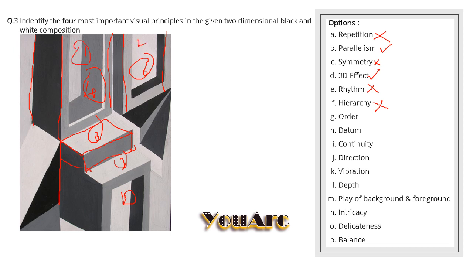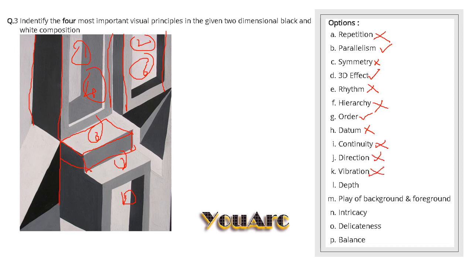See, first rectangle, second, it is maintaining some order, but nothing has emphasis. If something is emphasized in that particular order, we call it hierarchy, but some order is there according to me. Datum, no, I don't feel any datum here. Datum is something which connects two elements in one figure. Continuity, no, I don't feel continuity. Direction, no direction here. Vibration, no.